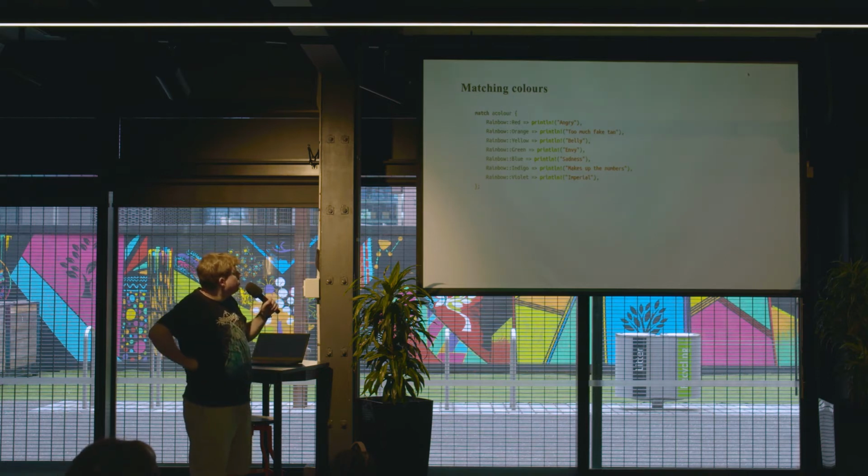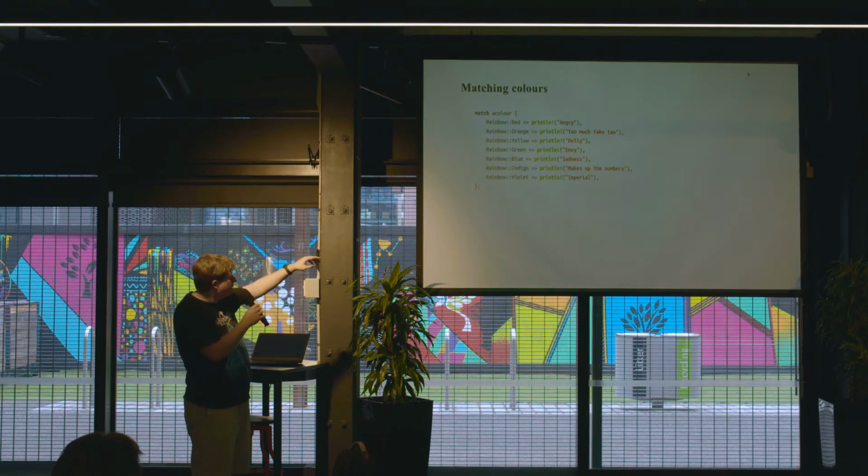Right, so here's a very basic example where we had our rainbow enum from earlier. So just saying, okay, match on some variable called a color, and then for each possible case, print something. And a very nice thing about enums in Rust and some other languages is that here, if for some reason I got rid of say violet at the bottom, the compiler would start saying, hang on, you haven't actually covered all the cases, you've completely left one unhandled.